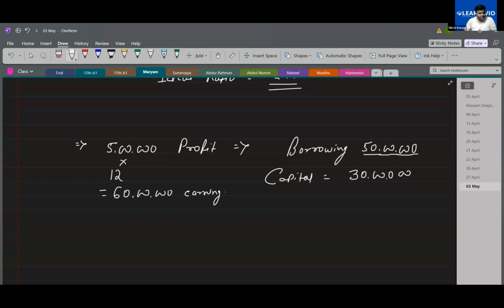So he can pay this loan using 1 year's earning. But now he gets greedy, and he increased this borrowing to 1 crore 50 lakh.